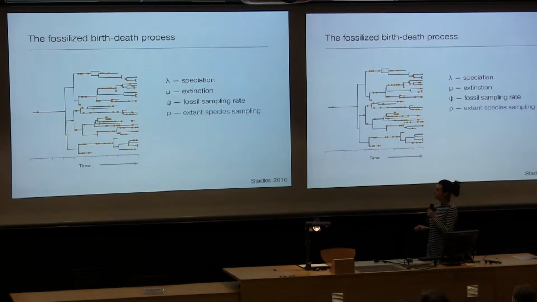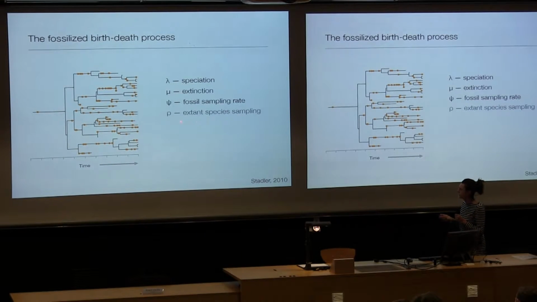So the fossilized birth-death process is a model that has four parameters: speciation, extinction, fossil sampling rate, and extant species sampling rate. This is a process-generating model that results in samples of trees with extinct and extant taxa, and fossils sampled along internal branches of the tree, and samples in the present.